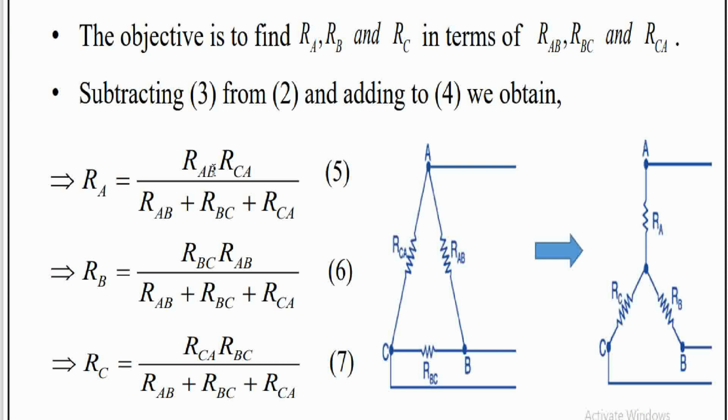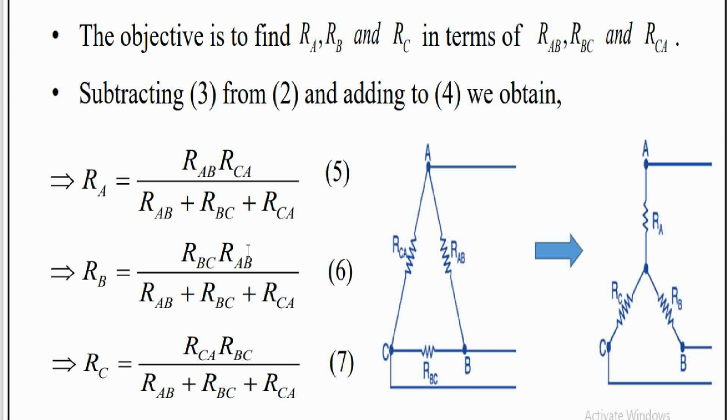RAB is repeated, you have RAB in the numerator and in the denominator, and RCA in the numerator and denominator. It means that if you replace this RAB, RCA in terms of RBC and individual RA, RB, RC, then you will get your RBC value.